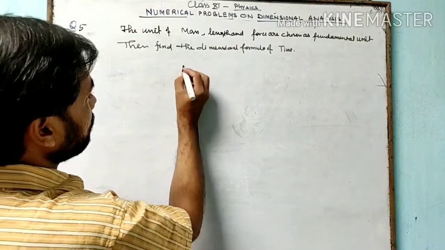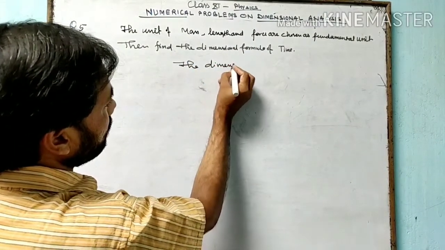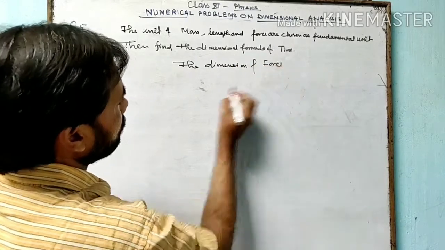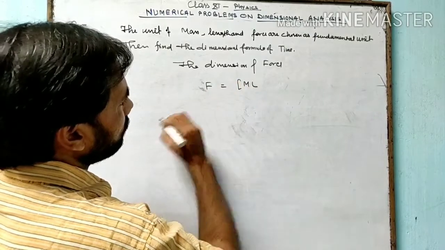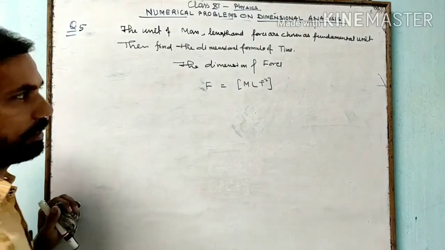As you know, the dimension of force F is equal to, what is it? ml t minus 2. It's very simple.